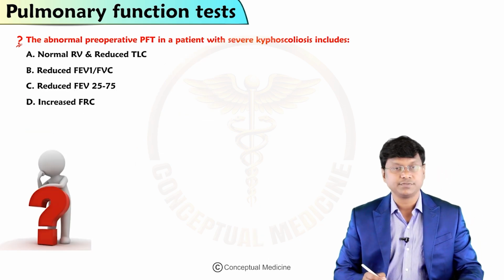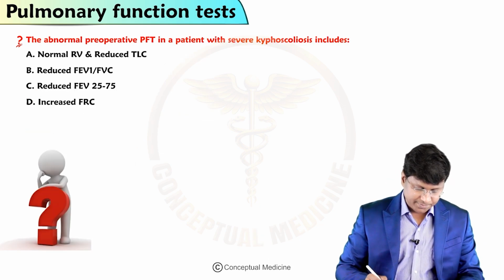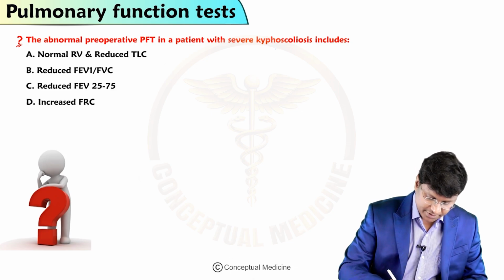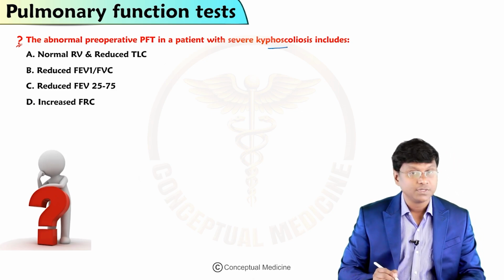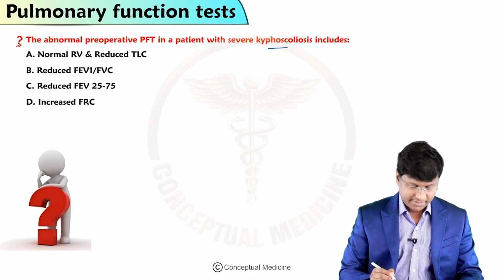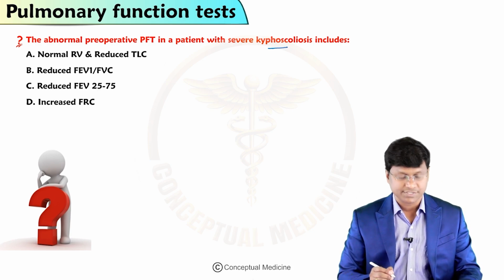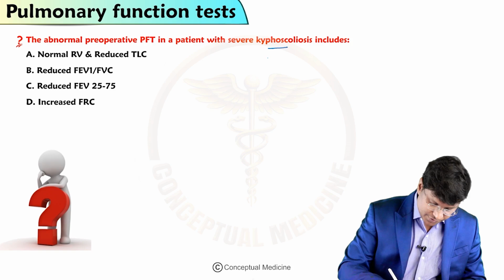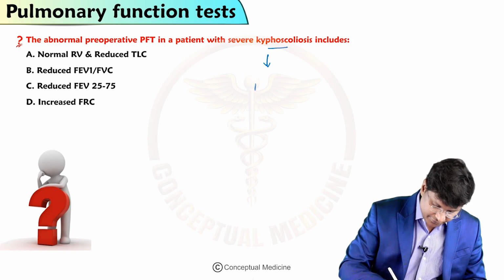If you see this question, the abnormal preoperative pulmonary function test in a patient with severe kyphoscoliosis includes: normal residual volume and reduced total lung capacity, reduced FEV1 by FVC, reduced mid-expiratory flow rate, increased functional residual capacity. So, kyphoscoliosis is a type of restrictive lung disease, an extraparenchymal type.